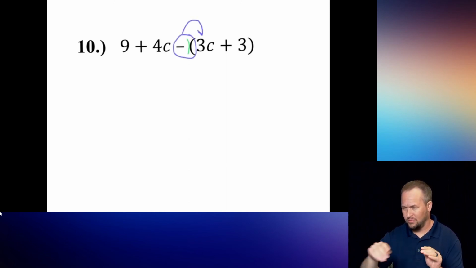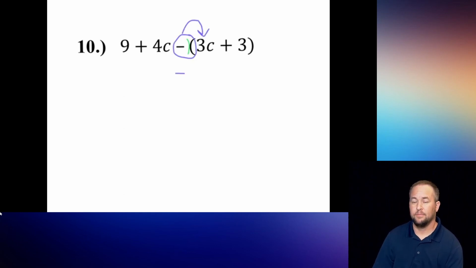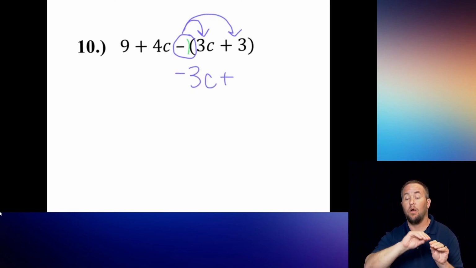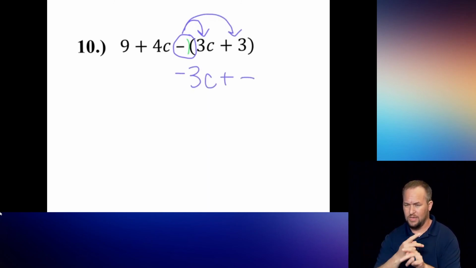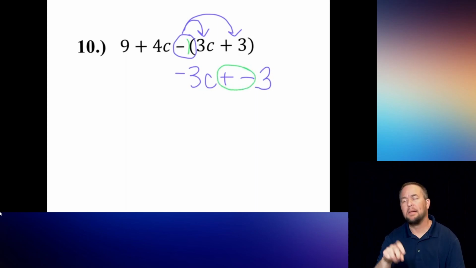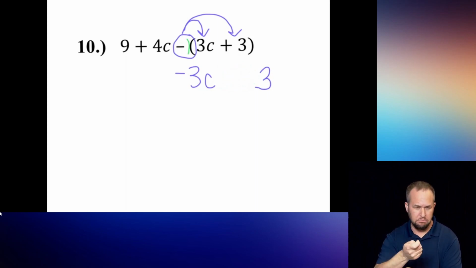So negative 1 times 3c gives us negative 3c. And then negative 1 times a positive 3, or you can bring down that plus sign. Negative 1 times 3 is a negative 3. And then again, we see both a plus and a minus right next to each other. Kind of unnecessary, so I'm going to go ahead and get rid of both of them, and I'm just going to have that minus sign.